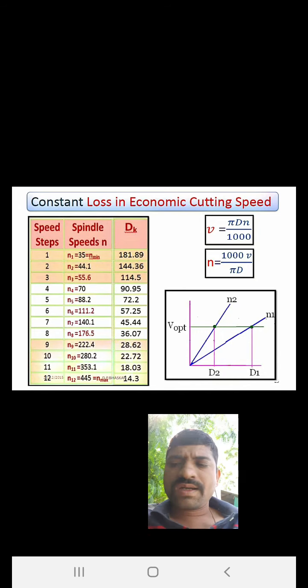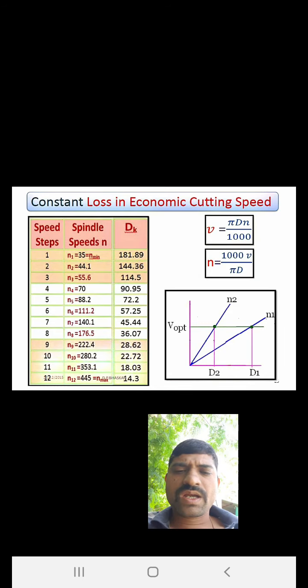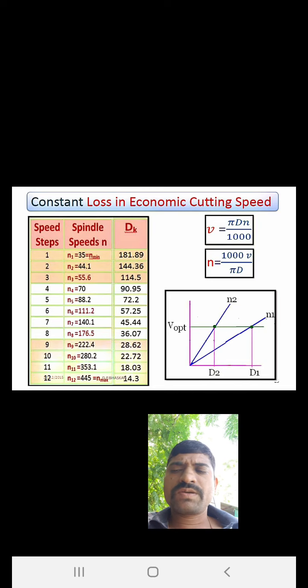See, there is one figure I have drawn. We have seen there is a V optimum. V optimum is the optimum cutting speed. This is given in meter per minute. D is the diameter of the workpiece. There are D1 and D2 values.